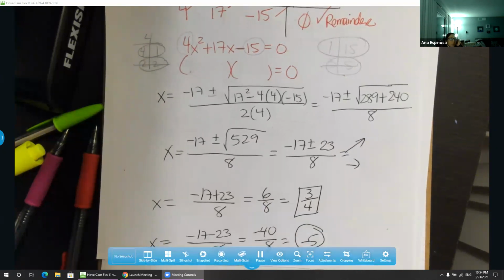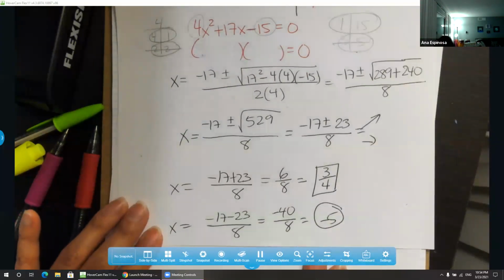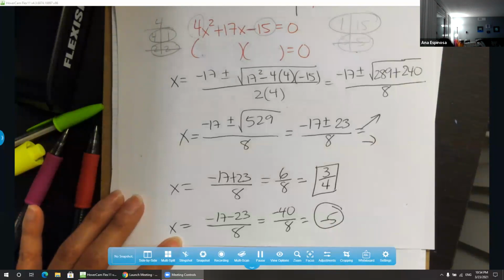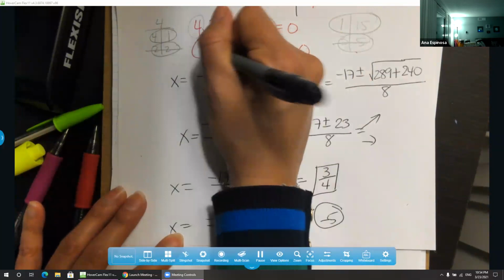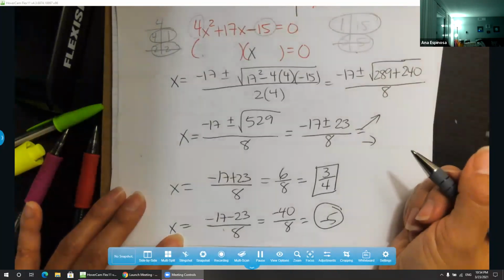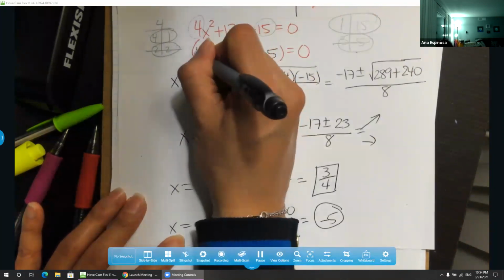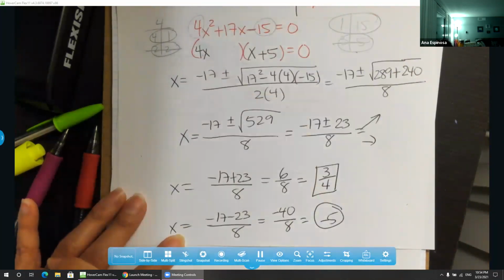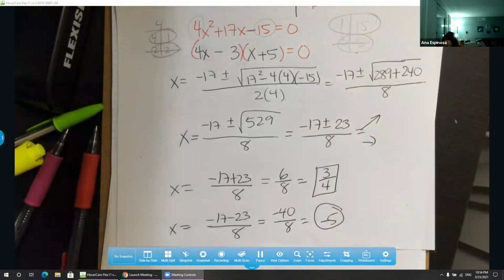So what's factorable? Okay, so that means one of them was x plus 5. The other one was 4x minus 3. That's what it factors to.